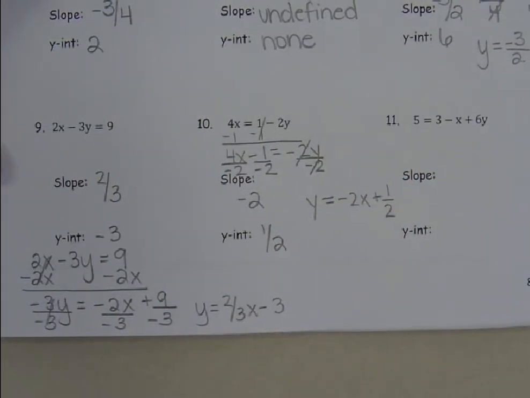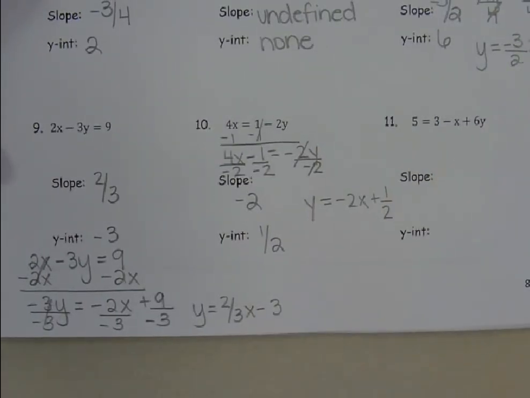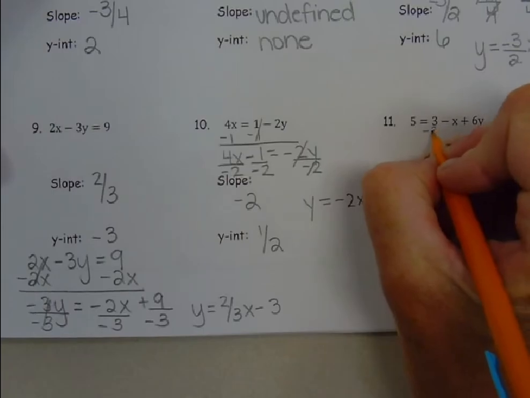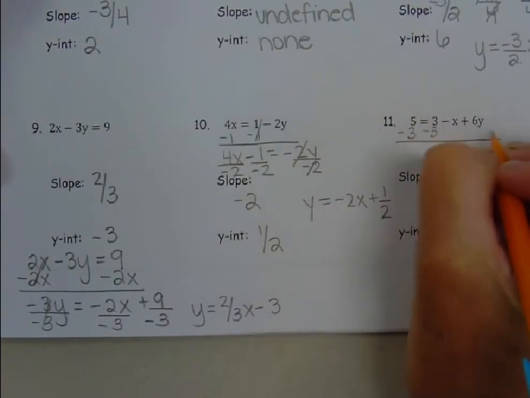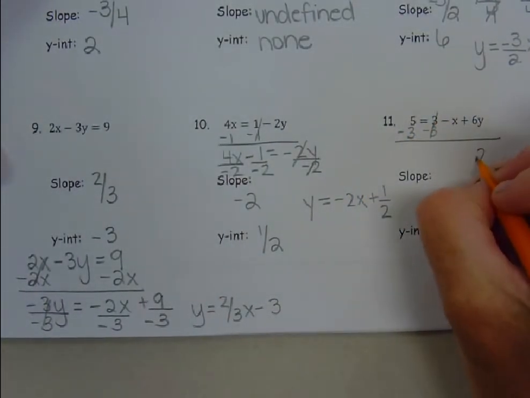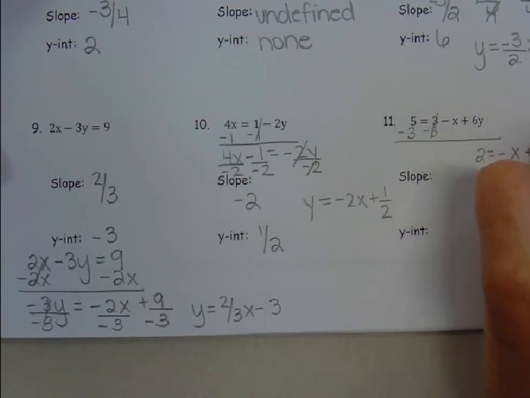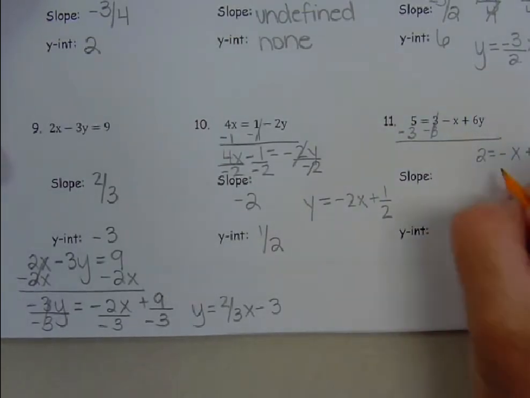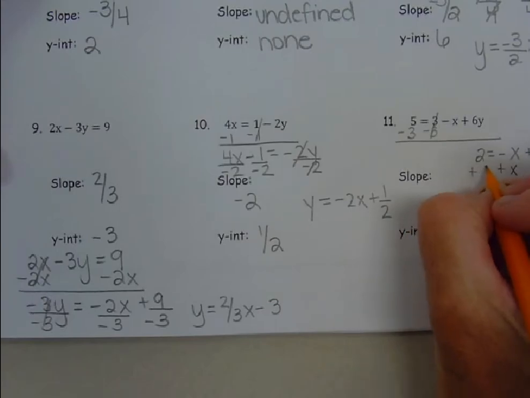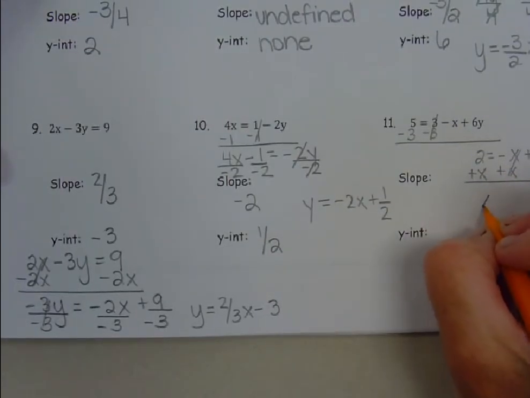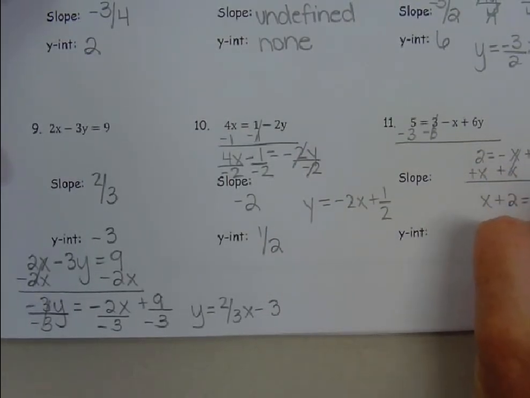And then we have our last one, which has a bunch of stuff, but we're still going to do it the same way as we did by getting y alone. So I'm going to subtract my 3. So then I have 2 equals negative x plus 6y. Then I'm going to add x. So I have x plus 2 equals 6y.